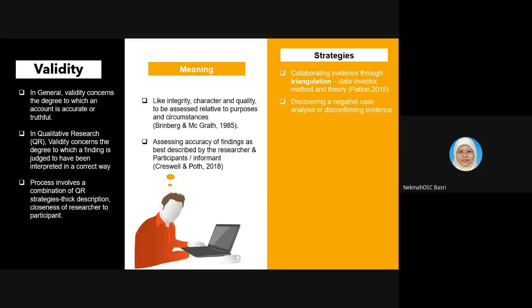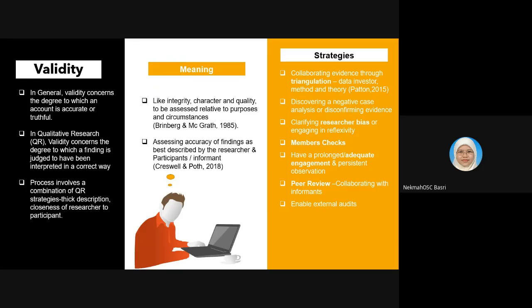Okay, and discover negative case analysis or disconfirming evidence, clarify researcher bias or engage in reflexivity, members check as mentioned earlier, have prolonged engagement and persistent observation, peer review, collaborating with the informants, enable an external audit, generating rich thick description, and having a peer review of the data and research process.